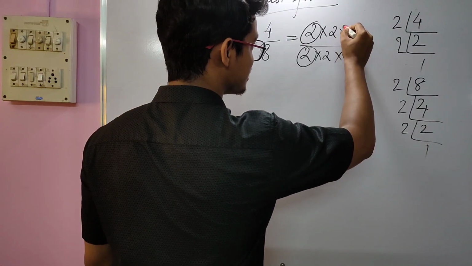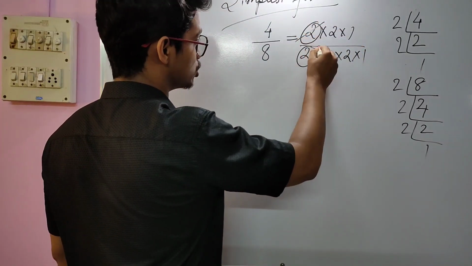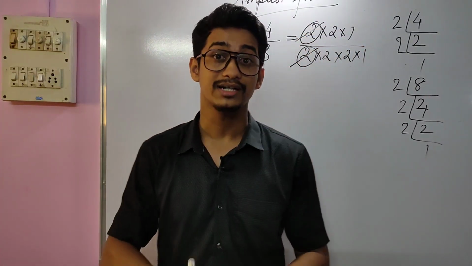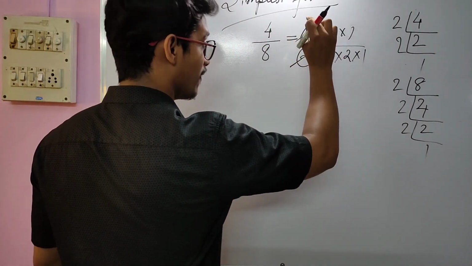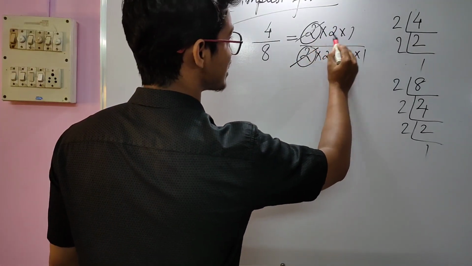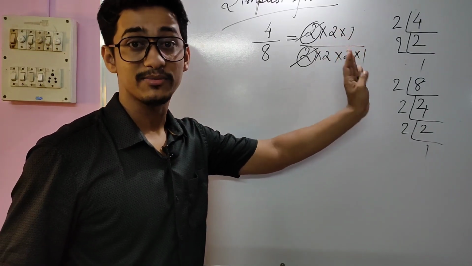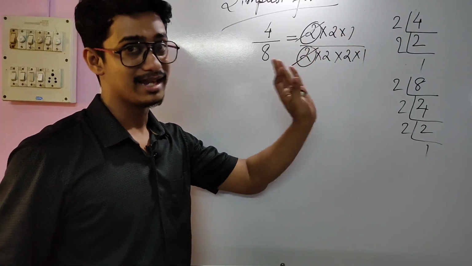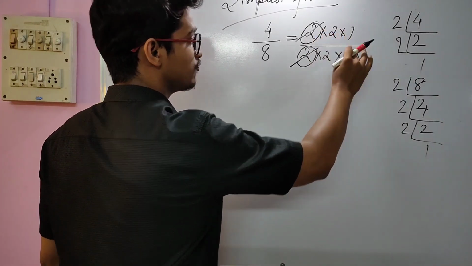If there is addition over here, we could not cancel these two numbers. So these two numbers are cancelled when the numbers are in multiplication form. Here there are no addition and subtraction signs, so there is only multiplication form.